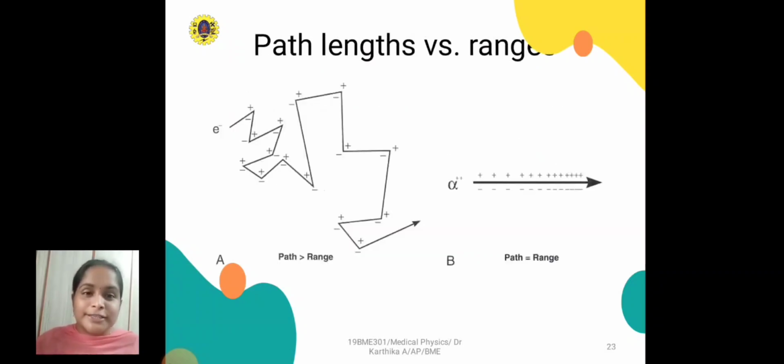Okay, see this one for path length versus range. Path length should always be greater than range for critical applications, while path equal to range is normally used for low energy simple applications.